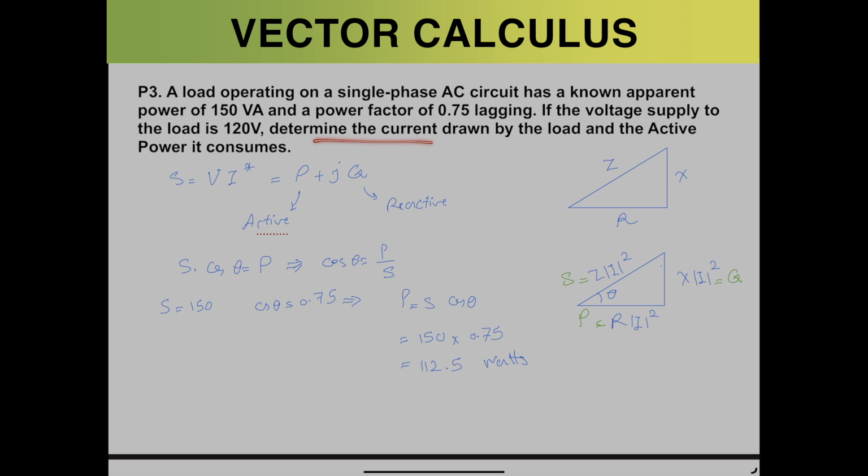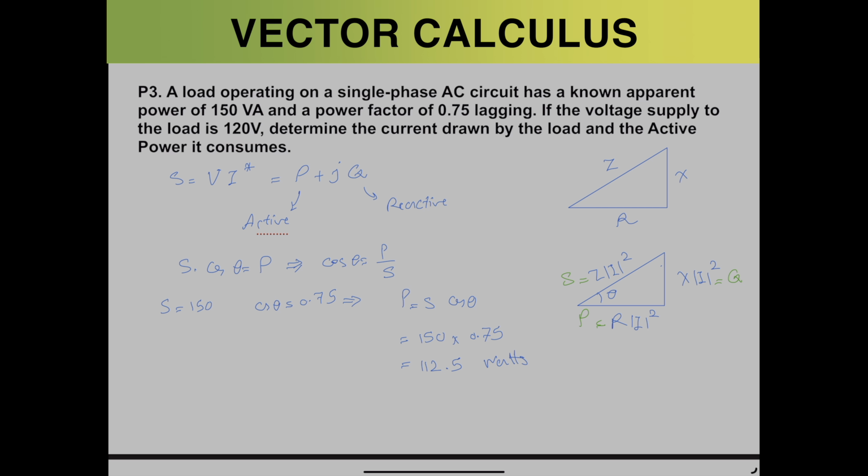There's another part of the question that says find the current drawn by this circuit. We know that S, the apparent power, is 150, and it's the voltage times the current. We know the voltage as well, because that's 120.